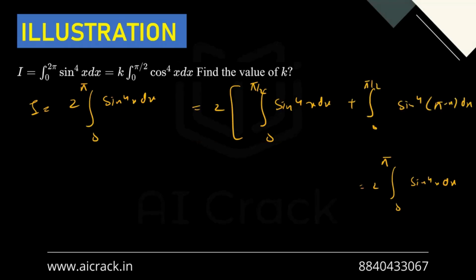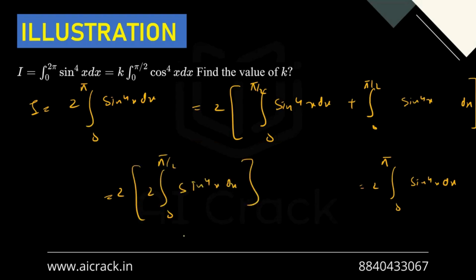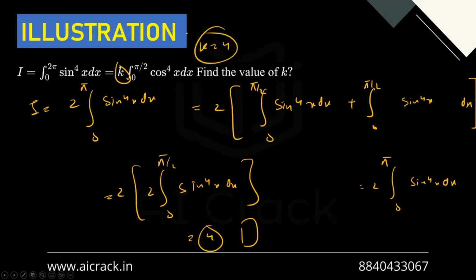We know that sine of pi minus x is nothing but sine x only, so this automatically becomes sine 4x. Now this becomes 2 times 2 times integral 0 to pi by 2 sine 4x dx. So this becomes 4 times this thing, so k equals to 4. This is the answer.